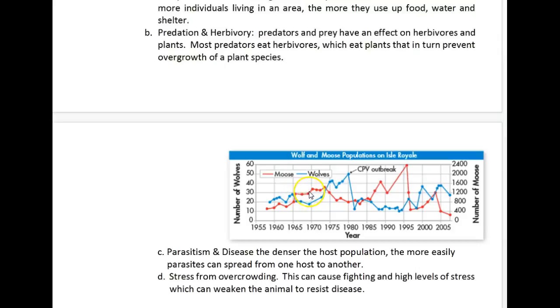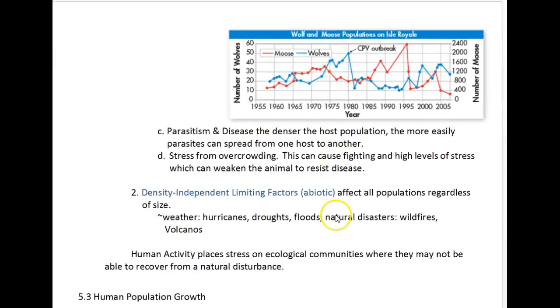We get the moose population steadily inclining, going up, so do the wolves, but something drastic, maybe disease, maybe it reached the carrying capacity, there wasn't enough food available, so the moose population dropped down, and initially the wolves are able to survive, but then they take a sudden drop. So we can see that there is a direct correlation with this.